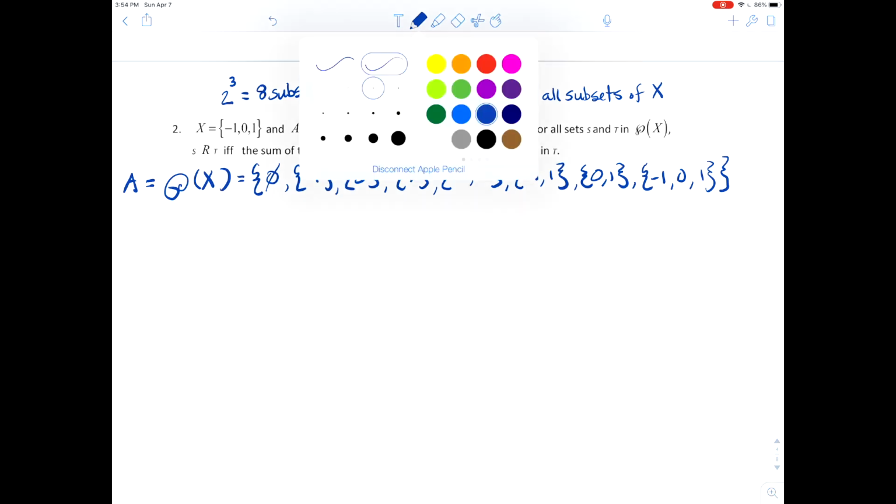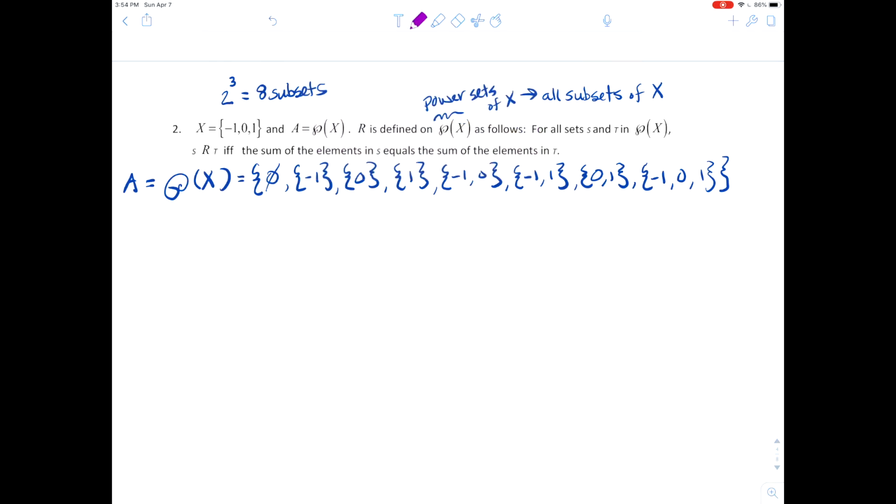So let's just take a look at what they would be if we did sum them. So the sums, if we go just to notes for ourselves. The empty set sums to 0. This set here just sums to itself, -1. The set 0 sums to 0. This set sums to 1, the set 1.